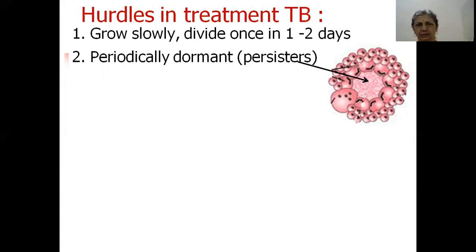There are very few drugs which can tackle the slowly multiplying or dormant bacilli. Similarly, this poses a problem for culture sensitivity testing, because the conventional ways would require weeks or even 2 months to grow these bacteria and see the effect of drugs. So that was another hurdle.